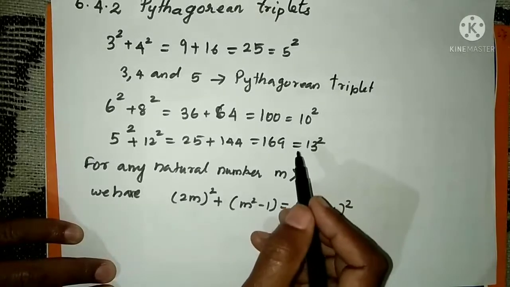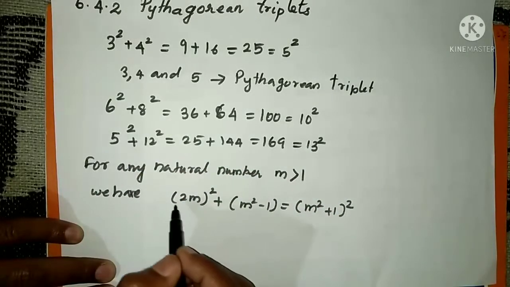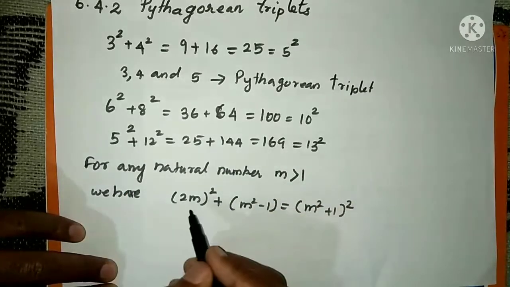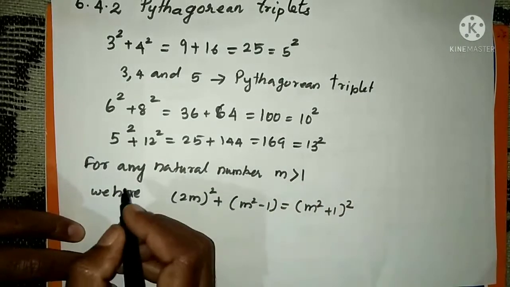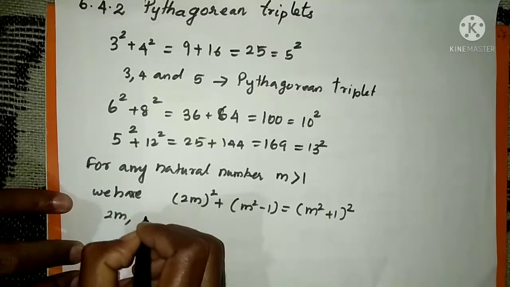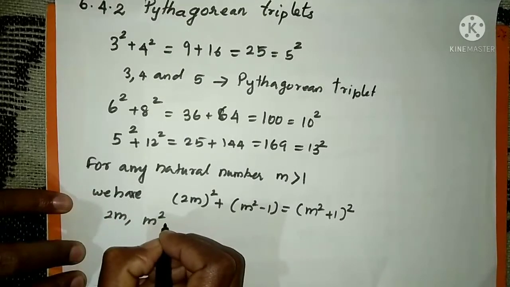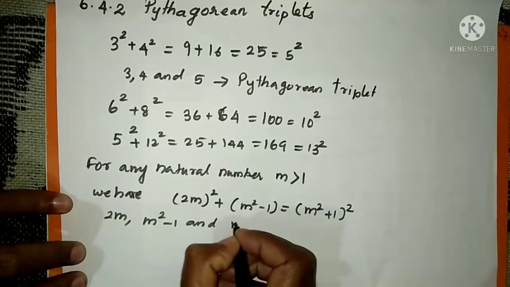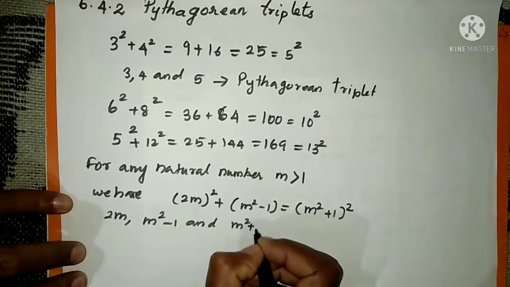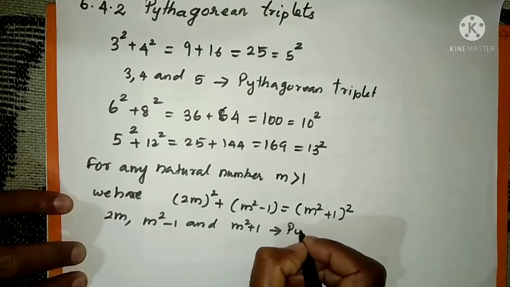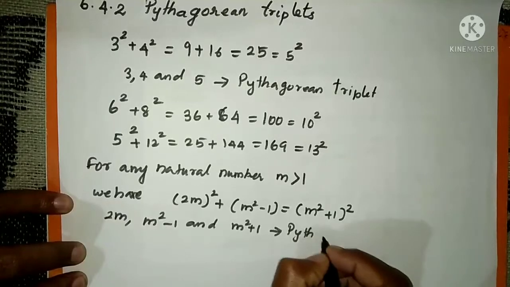In the same way, from this one we can understand that these three numbers like 5, 12 and 13, these three numbers which are 2m, m square minus 1 and m square plus 1, we can say it forms a Pythagorean triplet.